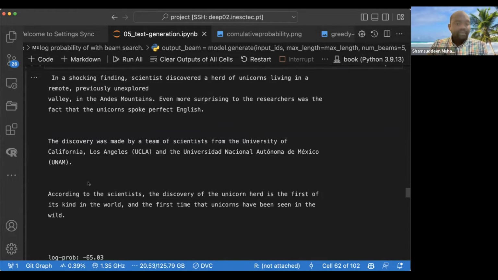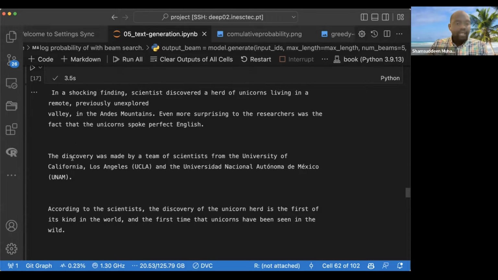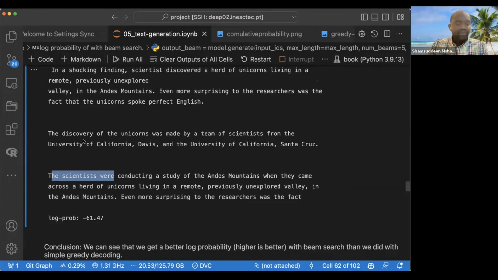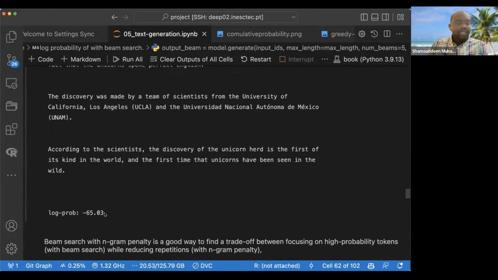You can see here this is the output, which I think is similar to the previous one, because that one was also quite good. We can see the log probability also.